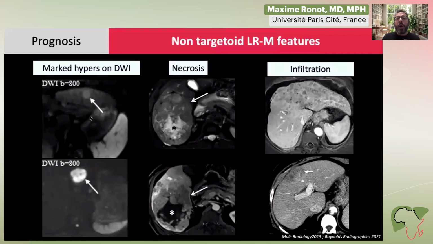Aside from this targetoid appearance, other features are associated with more aggressive behavior, so infiltration of the tumor, the fact that the tumor contains necrosis or large areas of ischemia, or if there is a marked hypersignal intensity on diffusion-weighted imaging.